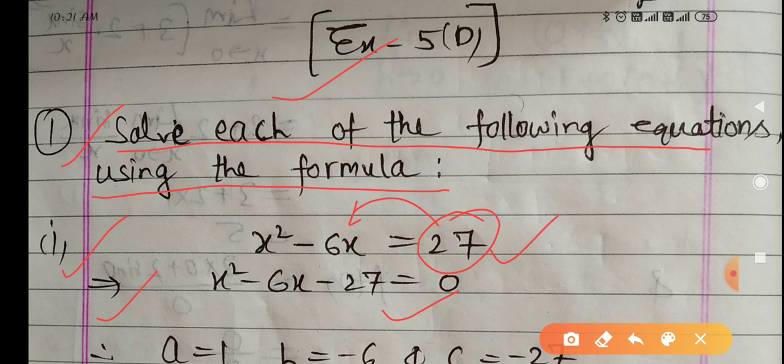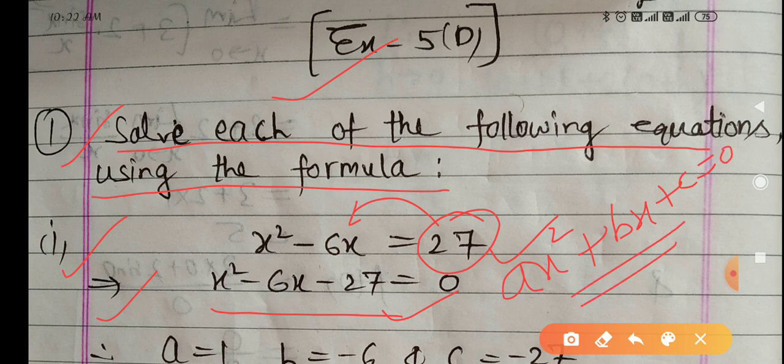Now you compare this quadratic equation with the standard form ax square plus bx plus c equals 0. When you compare, you will find a equals 1, b equals minus 6 and c equals minus 27.